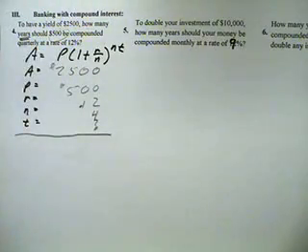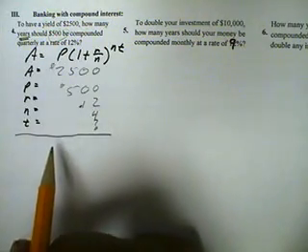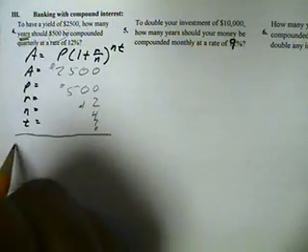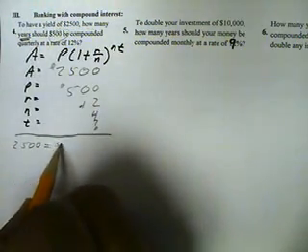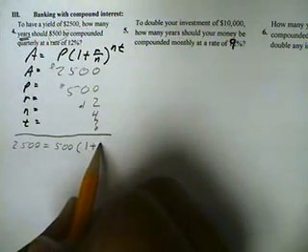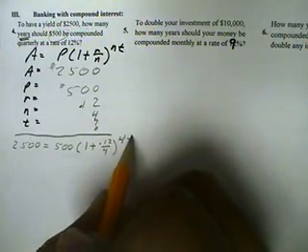Okay, so from there, we're going to take the problem and solve for T. Let's put all our pieces in. So this will be 2,500 equals 500, parentheses 1 plus the rate, which is 0.12 divided by 4, and that's all to the power of 4t.